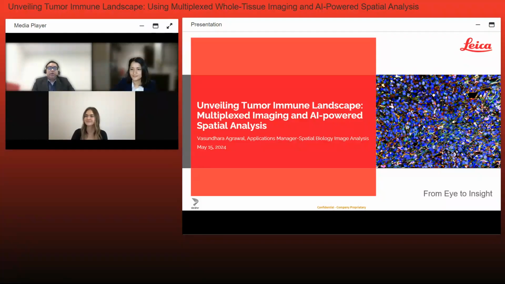In Cell DIVE, we can image one single tissue slide with more than 60 biomarkers. So yes, multiplexing is completely possible, and we can reprobe the same tissue with more antibodies.